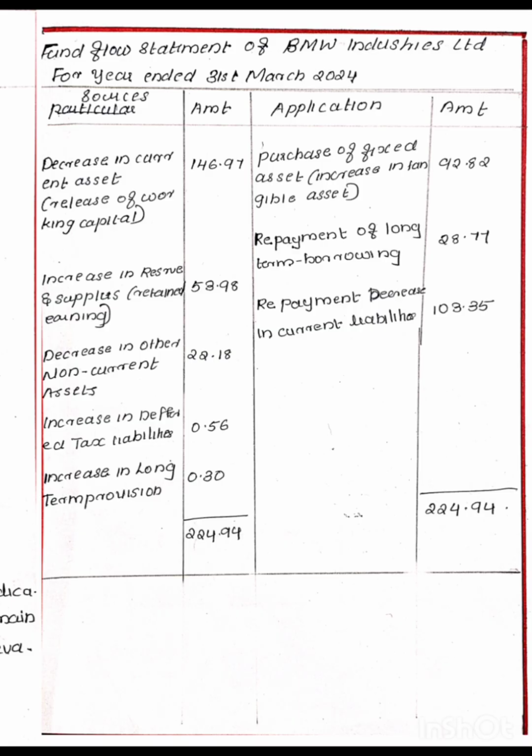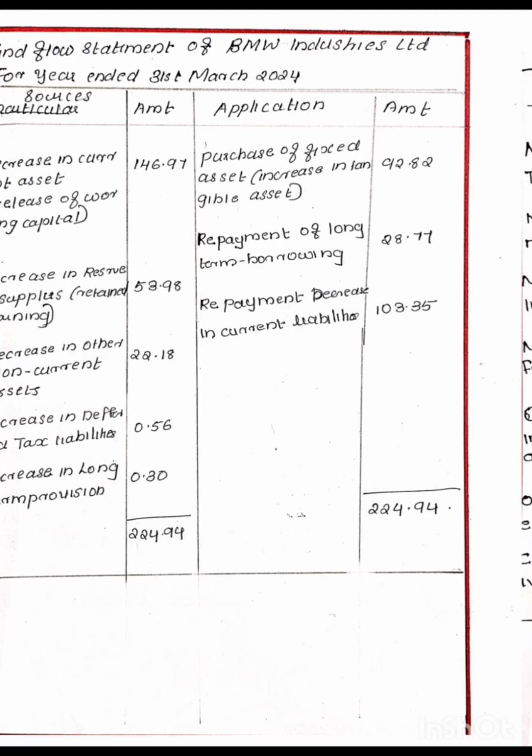Then applications and amount: purchase of fixed assets 92.82. There is an increase in intangible assets. Repayment of long-term borrowings 28.77. Decrease in current liabilities 103.35. Then total 224.94.